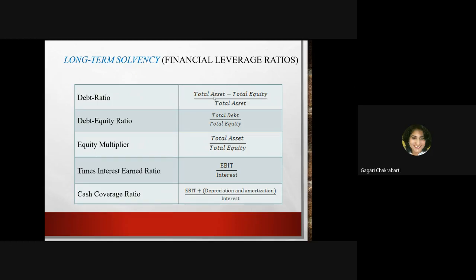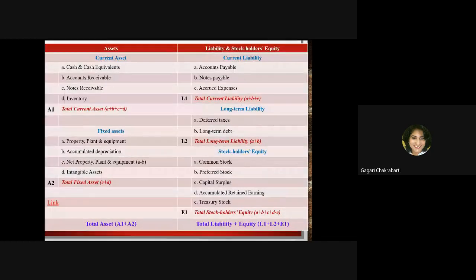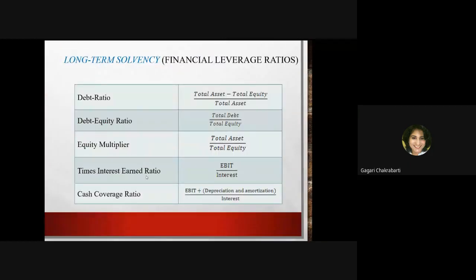Here total debt is represented as total asset minus total equity. So from the balance sheet, asset is equal to liability plus equity. So you have the total debt. Ideally, this total debt is current liability as well as long-term liability. So total debt by total asset.